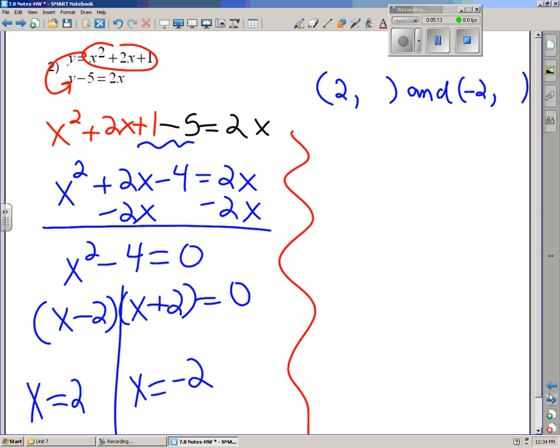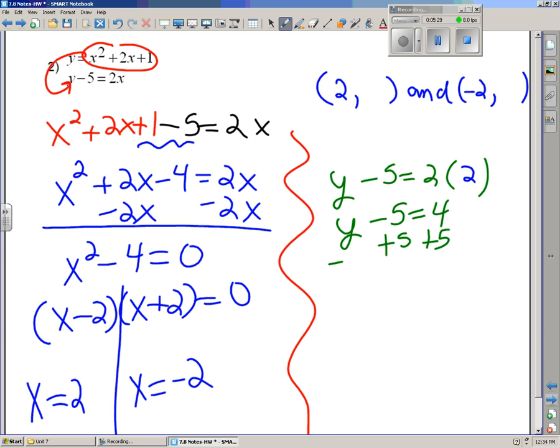The linear equation is y minus 5 equals 2x. The first x I'm going to put in there is 2. And then you get y minus 5 equals 4. Add 5, y equals 9. So 2 comma 9 is 1.